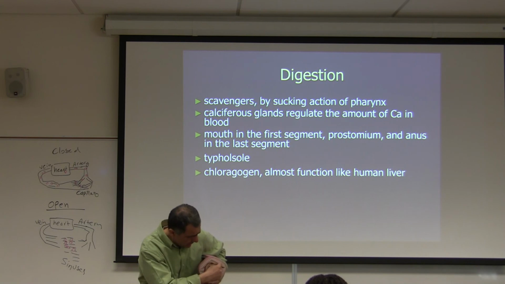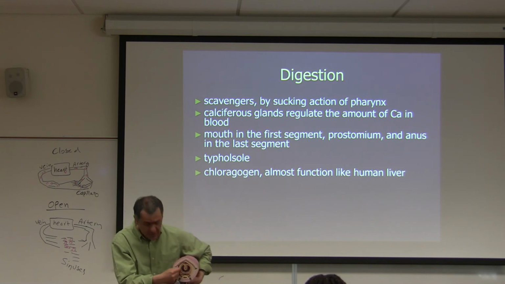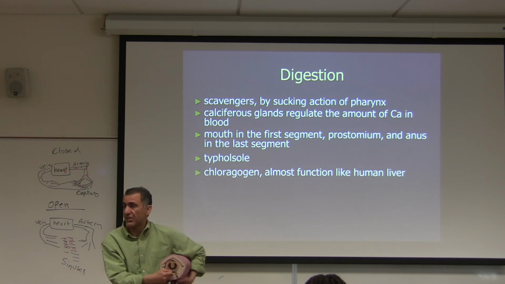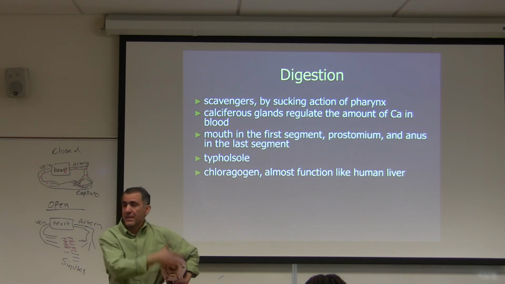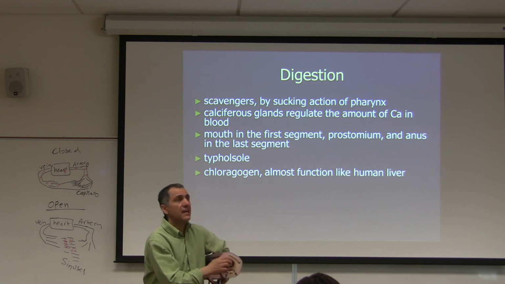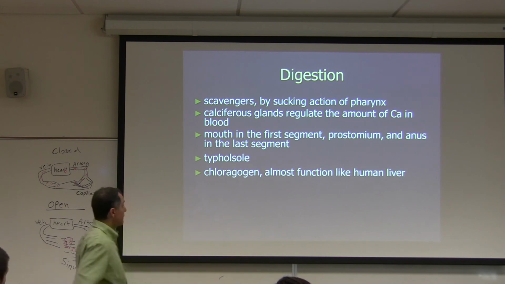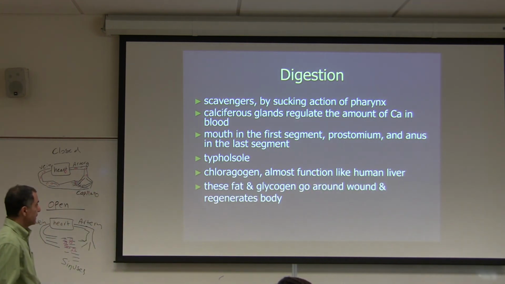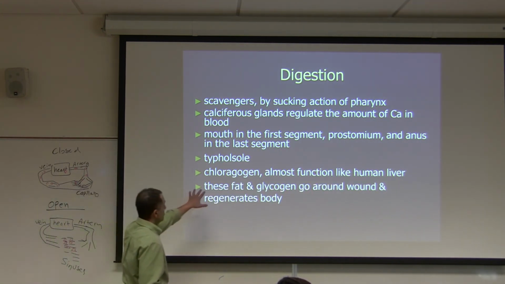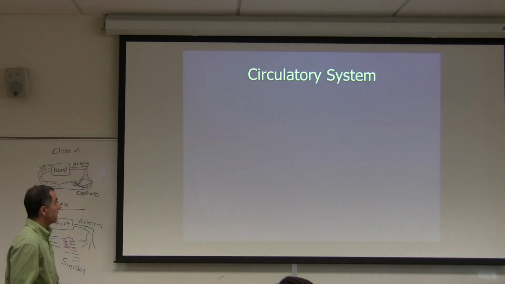If this is the intestine, out here is one layer of chloragogen cells, and when the animal is cut, they help regenerate. They make fat, lipids, and glycogen, which they put around the wounds to regenerate the body.